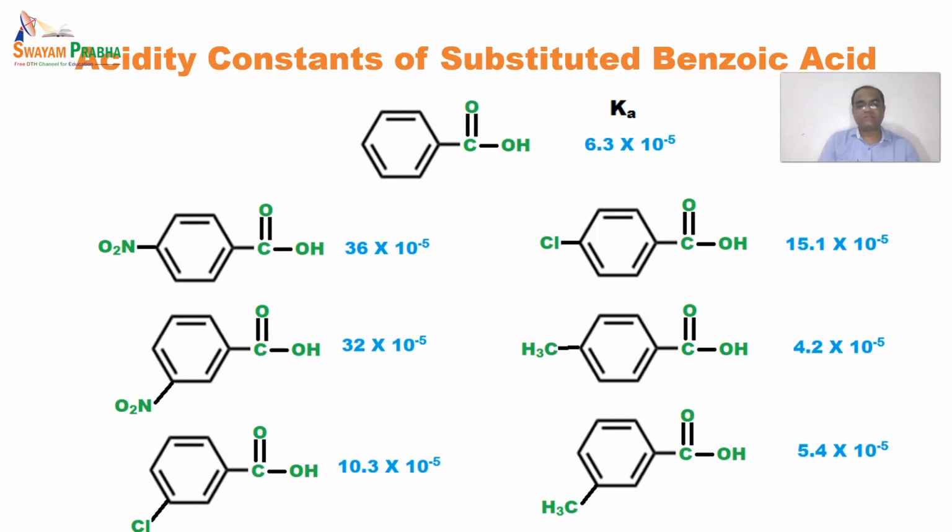And we will see what is the ortho effect. These are different things: whenever we have an ortho type of substituent, whether it is electron withdrawing or electron donating, it increases the acidity. So we will see what actually happens.